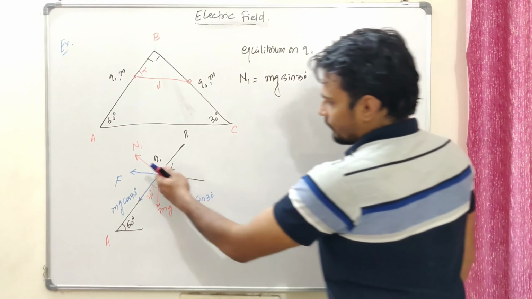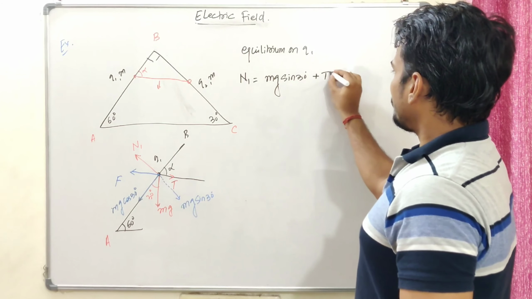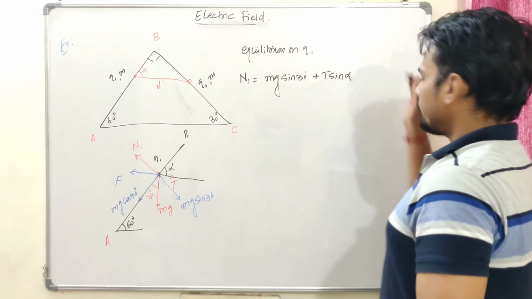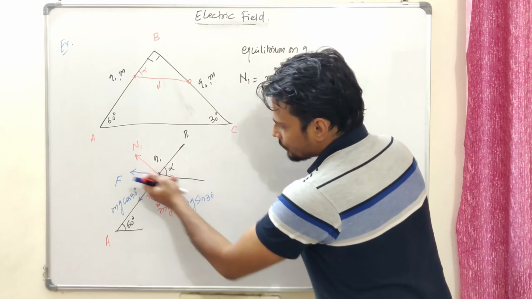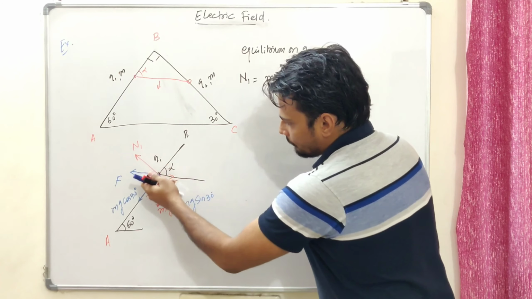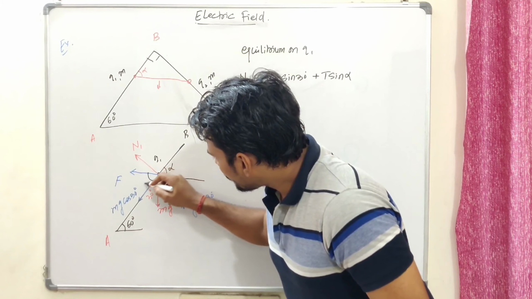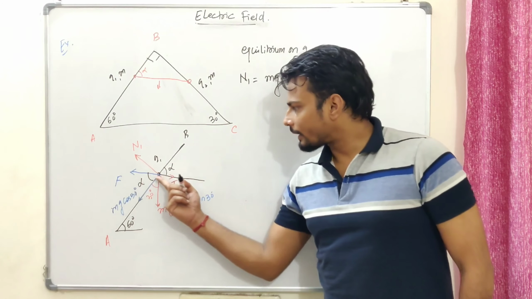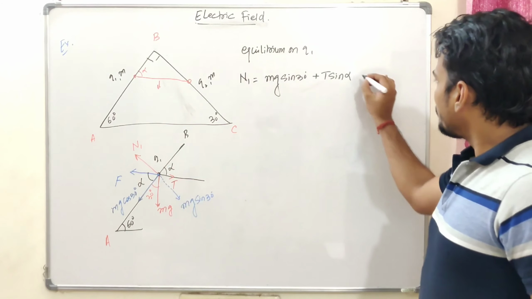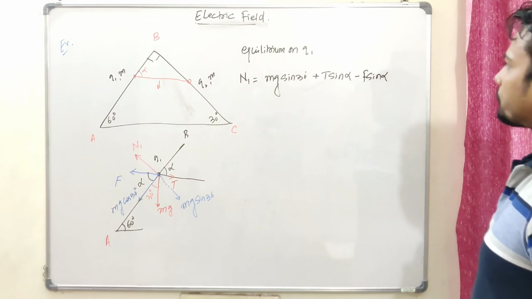Now in this direction we'll have T sin alpha, and there would be a force acting in this direction along this. If this is alpha, this is going to be alpha again. So one component of this electrostatic force would be acting along the normal, so that should be minus F sin alpha.